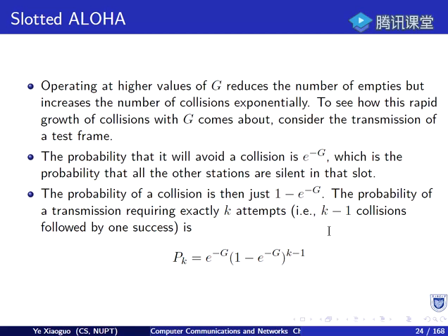To see how this rapid growth of collisions with G comes about, consider transmission of a test frame. The probability that it will avoid a collision is the probability that all the other stations are silent in that slot.